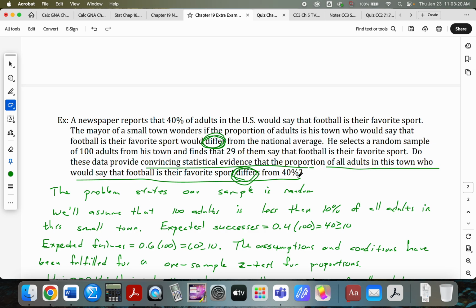So we're rejecting our original assumption that 40% of the people in this town would say football is their favorite sport. And therefore we conclude that the proportion of adults in this town who would say that football is their favorite sport is different than 40%.